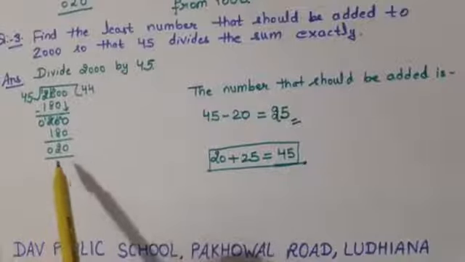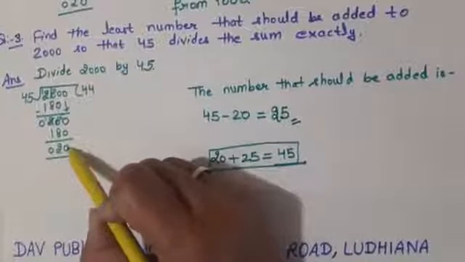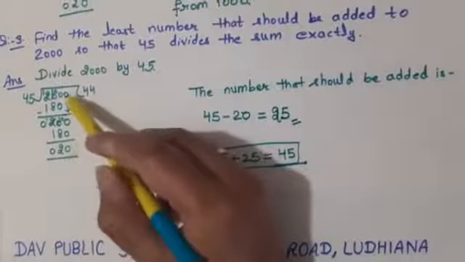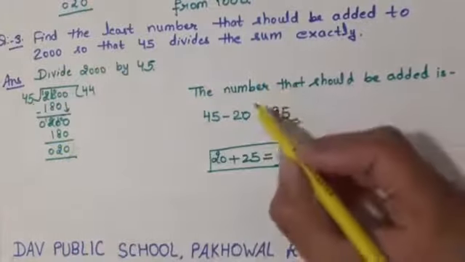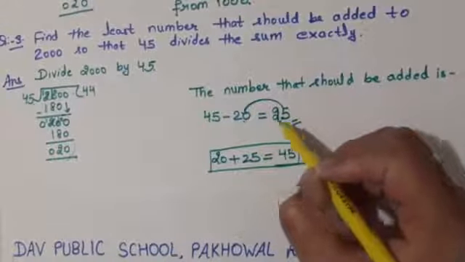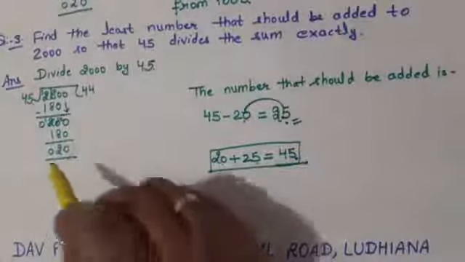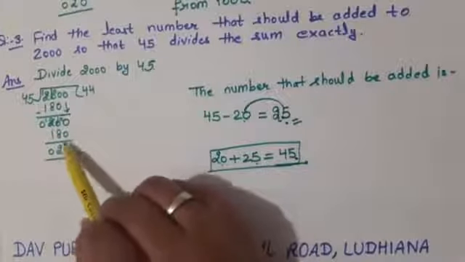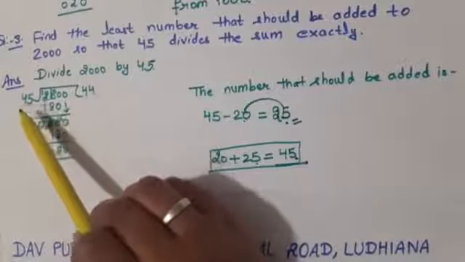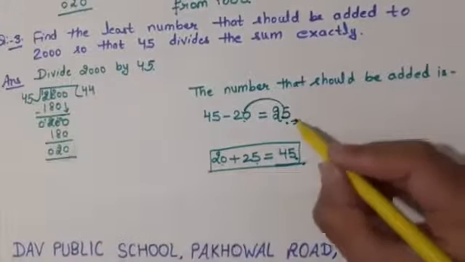Or you can see it in another way: what should be added to this remainder so that the number is exactly divisible by 45? So what can we add to 20? We can add 25. That means 20 plus 25 is 45, right? So simply you have to find the number that we add to 20 in order to get 45. We subtract 20 from 45 and you get the answer.